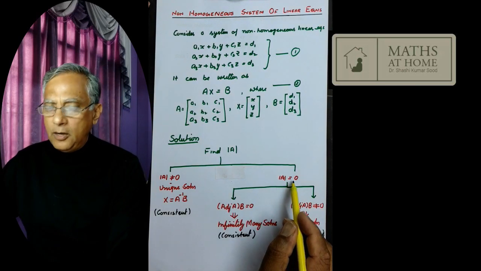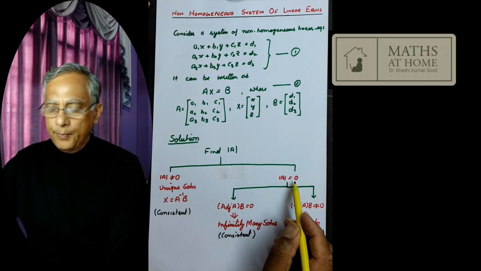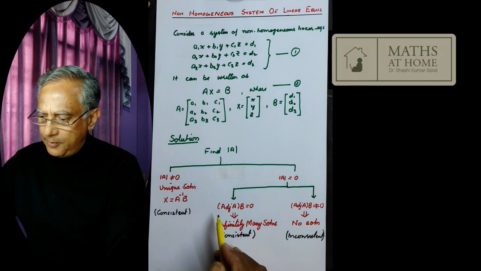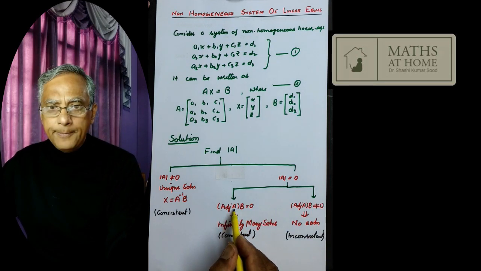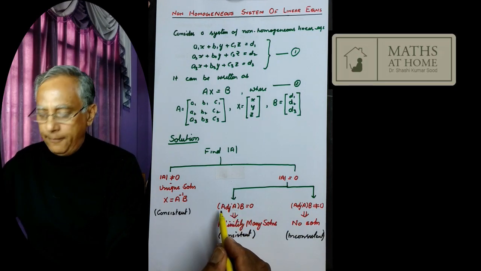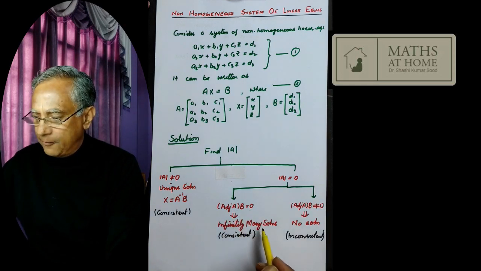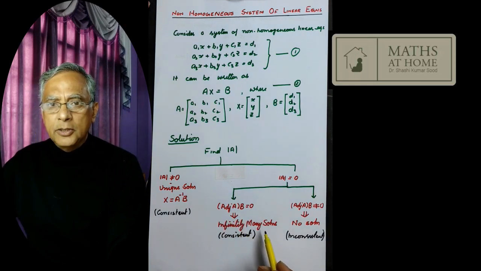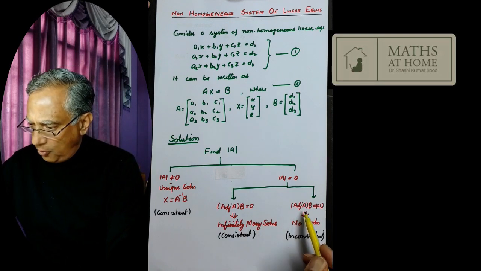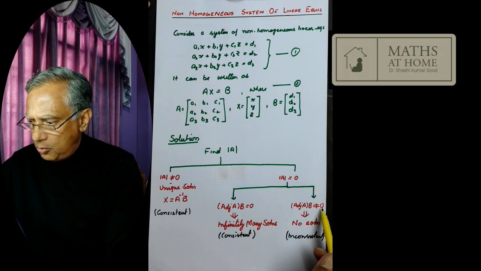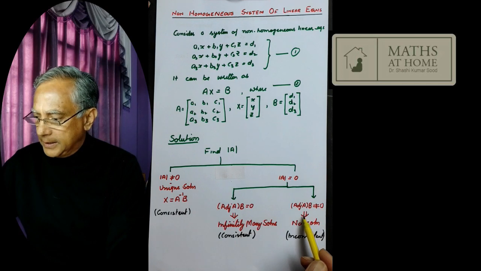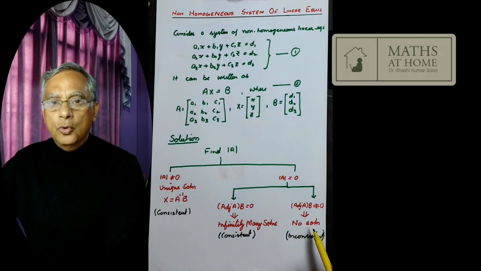Now if the determinant of A is 0, what we do is we find adjoint of A into B. If adjoint of A into B is 0, then the system will have infinitely many solutions. And if adjoint of A into B is not equal to 0, then the system will have no solution.